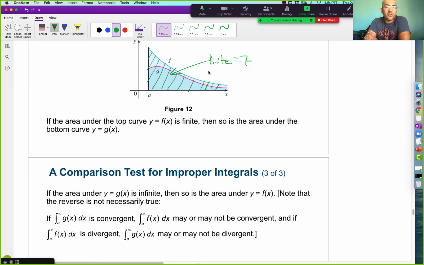Maybe the larger one also converges, maybe it doesn't. Same with the other way around. If the bigger one diverges, then that doesn't tell me anything about the smaller one. Maybe the smaller one also diverges, maybe the smaller one converges, right? So it only works when I can see that the smaller one diverges. That must mean that the larger one also diverges. Or if the larger one converges, then the smaller one must also converge.